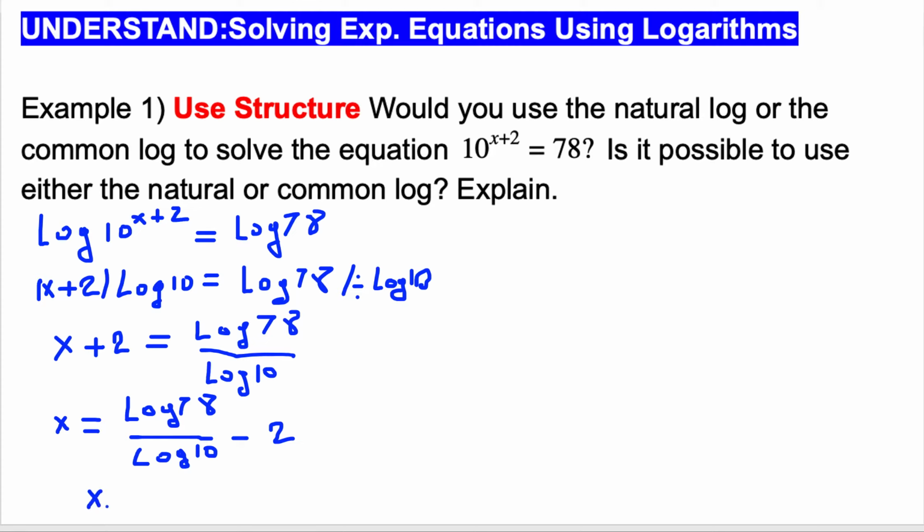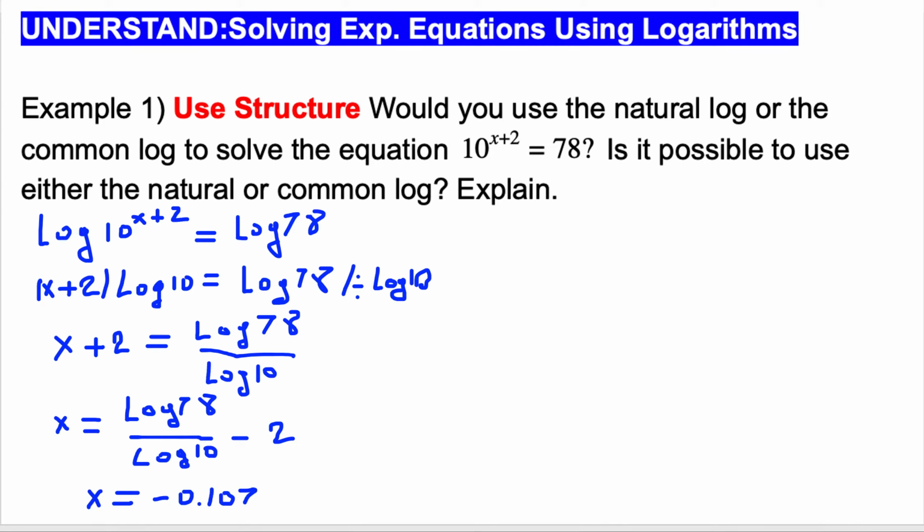This I'm leaving for you to solve. When you plug this into a calculator and calculate the numerical values, you get approximately minus 0.107. So this is approximately this value.